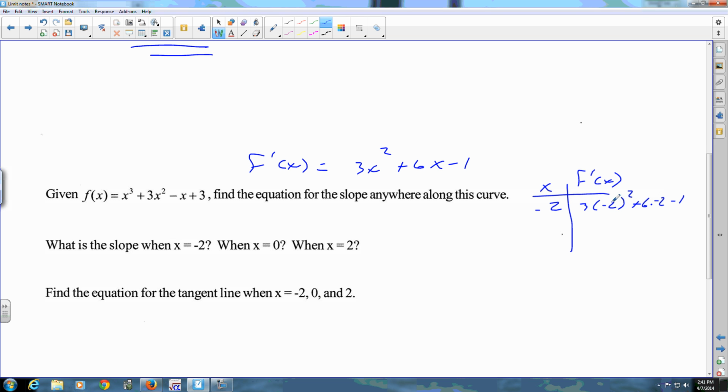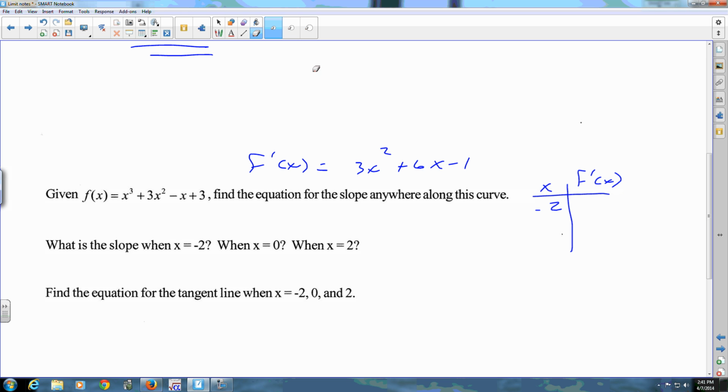Negative 2, oh, I'm making mistakes already. 3 parentheses negative 2 squared plus 6 times negative 2 minus 1. Okay, so it looks like you get negative 1.